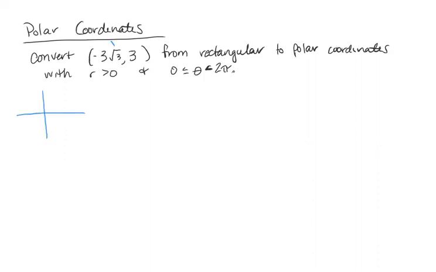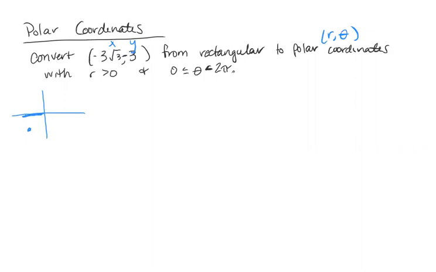So this is an xy ordered pair. I'm looking for an r theta. So -3 root 3, that for an x value means I'm moving left. And then -3 for a y value means that I am going to move down. So that point is somewhere down here in the third quadrant.